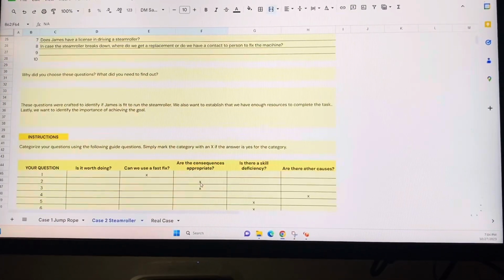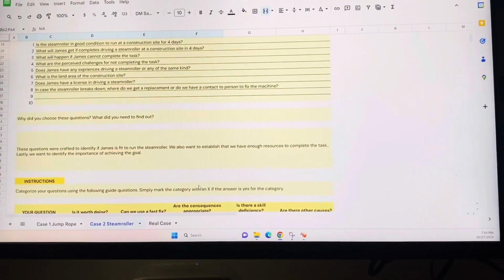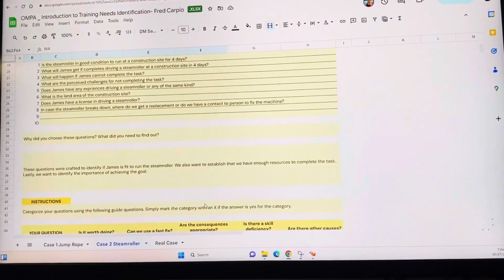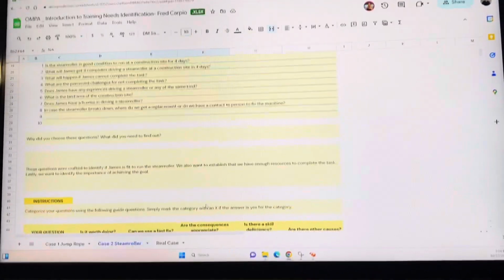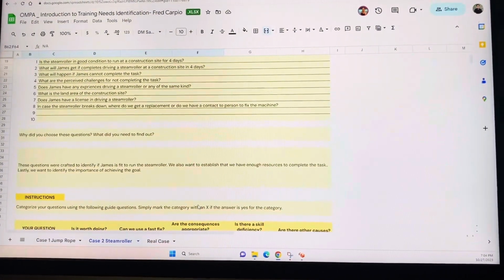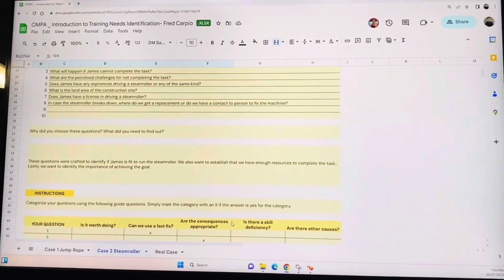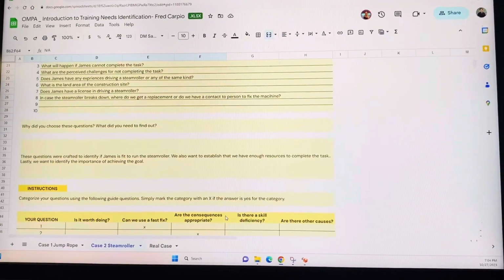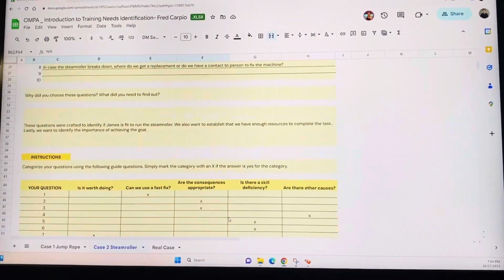Next, number 5 question is, does James have any experience driving a steamroller of any kind? Definitely, we want to establish a baseline again, if he is equipped in driving the steamroller.